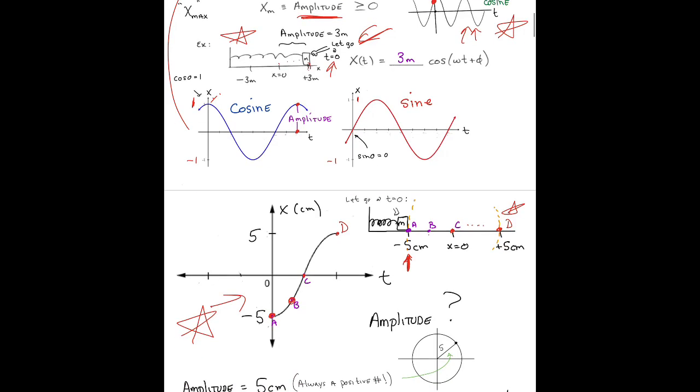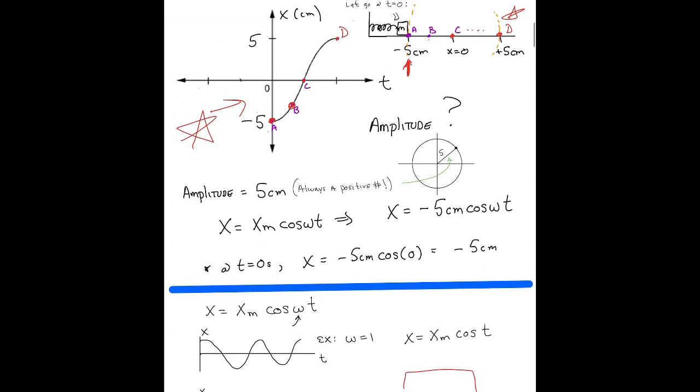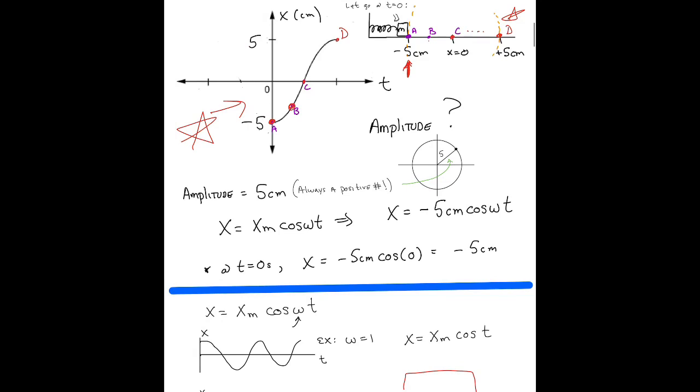This thing starts not up there, but down there. So it looks like a cosine, but it's flipped. It's inverted, so that's going to be a cosine function.